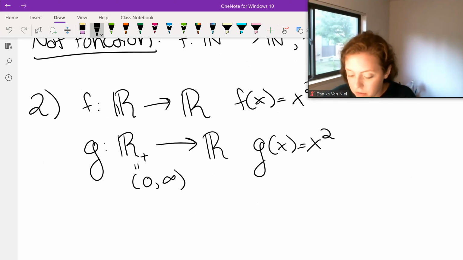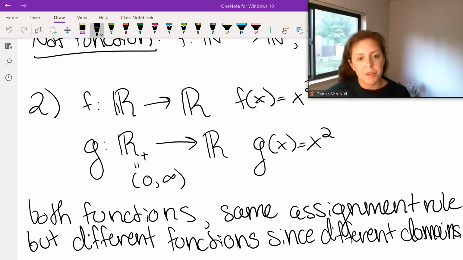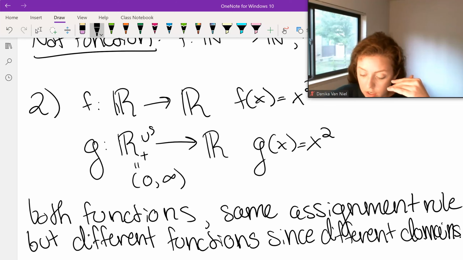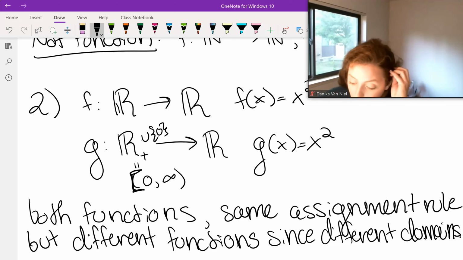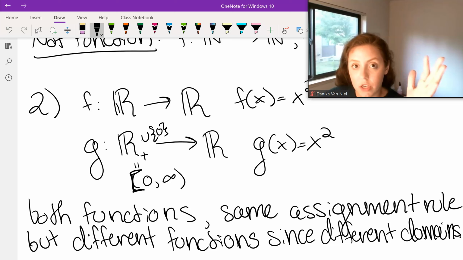Let me do some writing. Okay, so I just wrote out kind of what I was saying before. And as I was writing, the devil's advocate that lives in the back of my brain said, well, okay, what might confuse them is their ranges are different. Even if I union this with 0, so now the whole thing would be the interval including 0 to infinity, they're still different functions, even though now they have the same range.